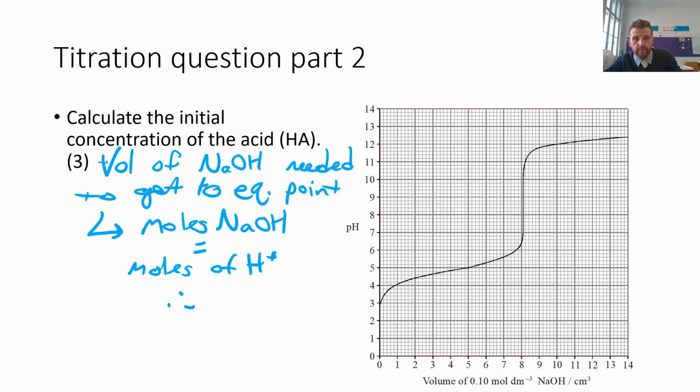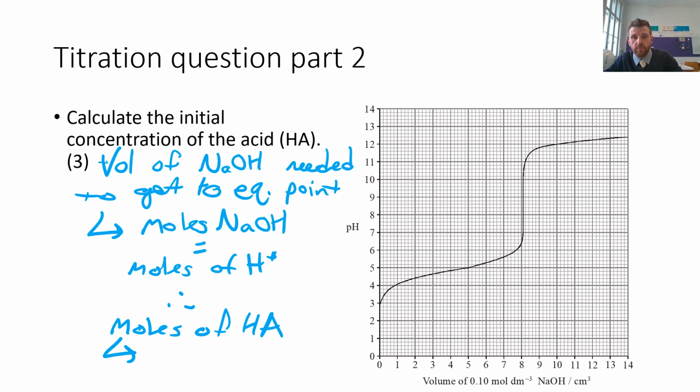Therefore, we can figure out the moles, therefore that is moles of HA. And I know you guys don't remember this because you'd have to go back a slide, but in the beginning they told us how much volume of acid there was.